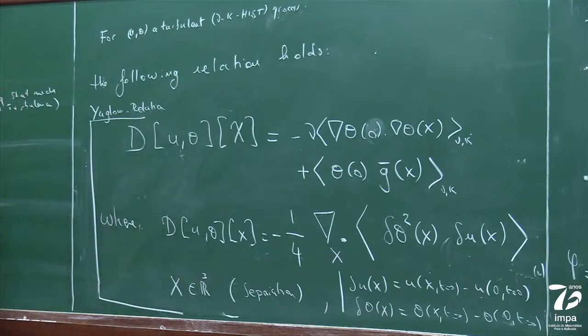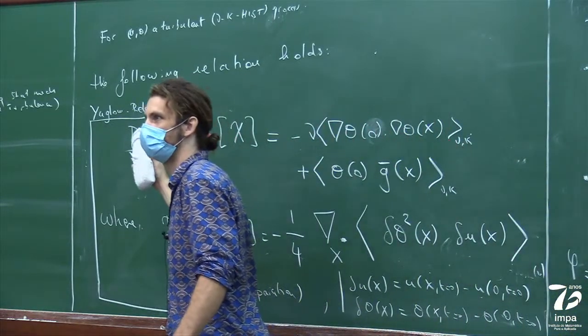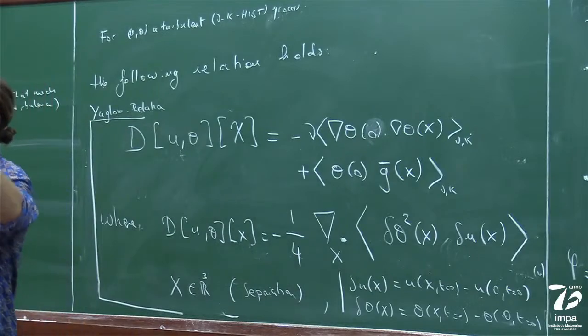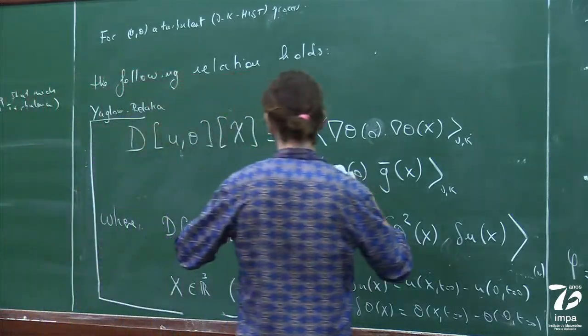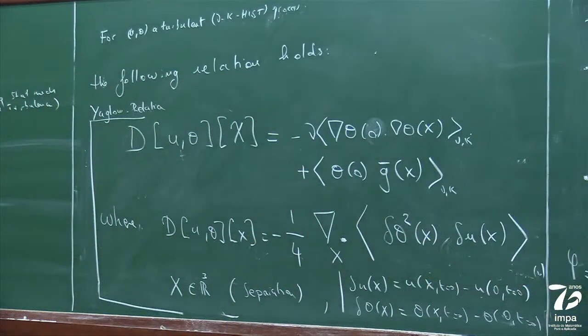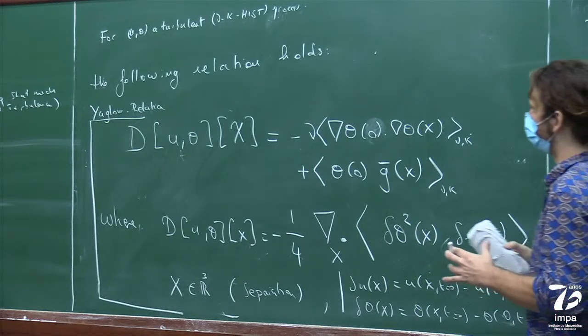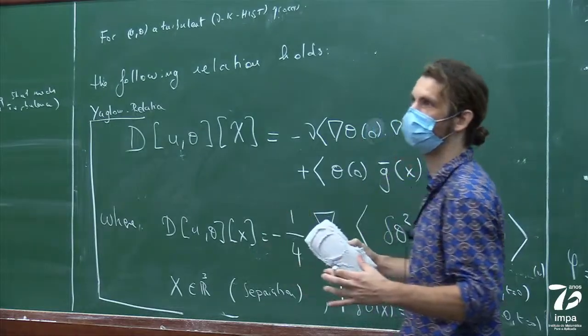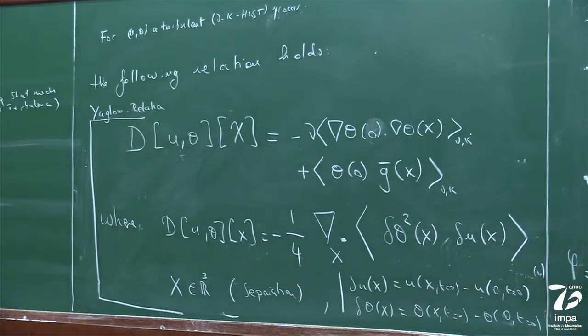Okay, so to see what it means, we are going to do the same thing as last week. We are going to average this on a small ball of radius, a given observation scale.